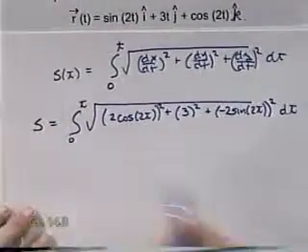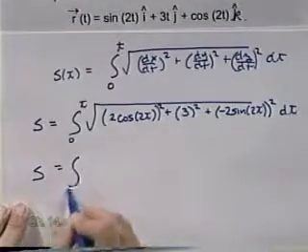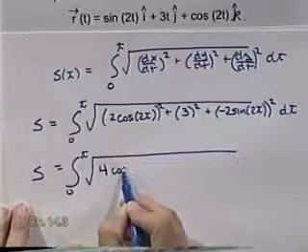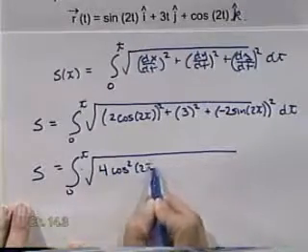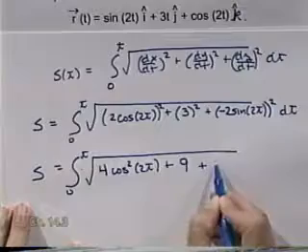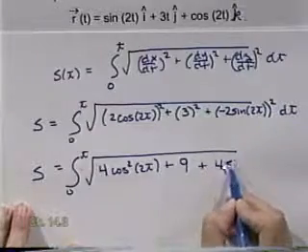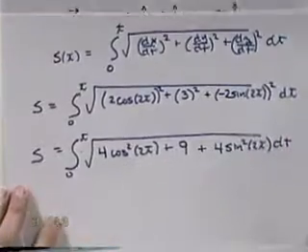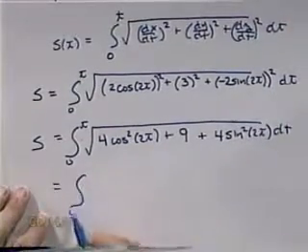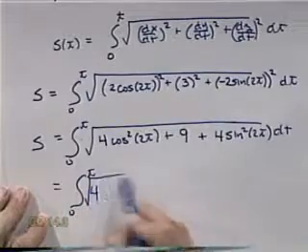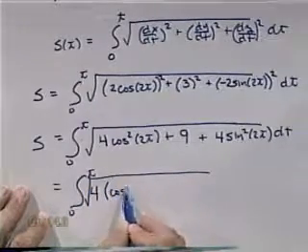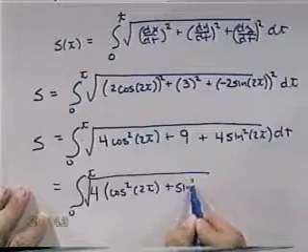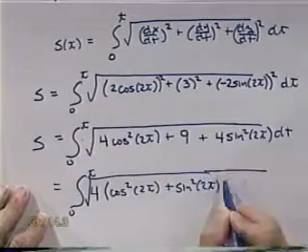And this gives me s equals the integral from 0 to t of the square root of 4 cosine squared 2t plus 9 plus 4 sine squared 2t dt. And you go, oh, Miss Strocko, I think you can put the square root together, factor out the 4 out of the cosine squared plus the sine squared, right?